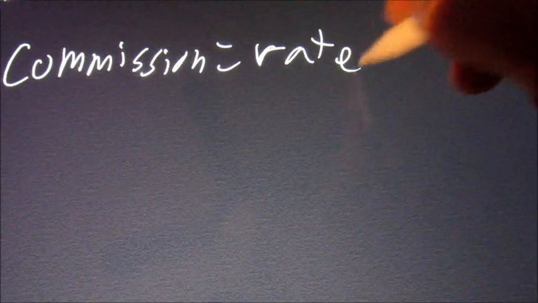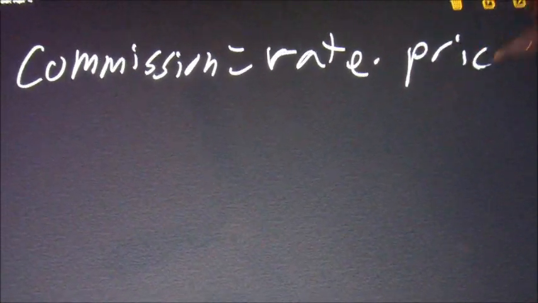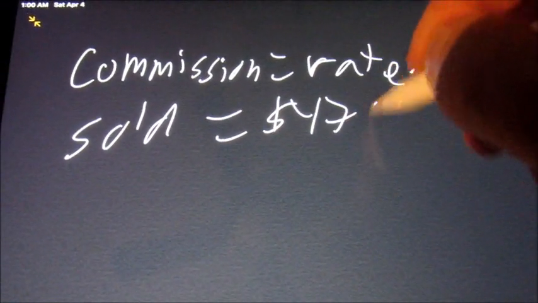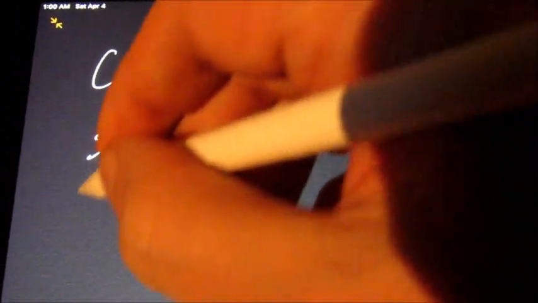Okay, then the next type of questions are going to be on commissions, and they're the same thing. The commission of what you sell is the rate times the price. So let's say you sold something for $47,632.